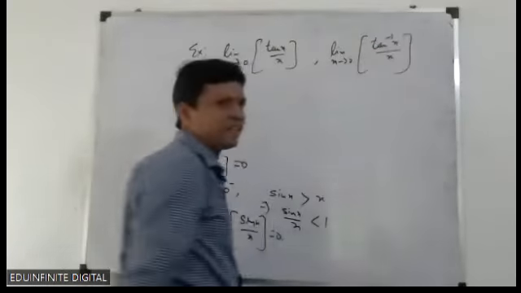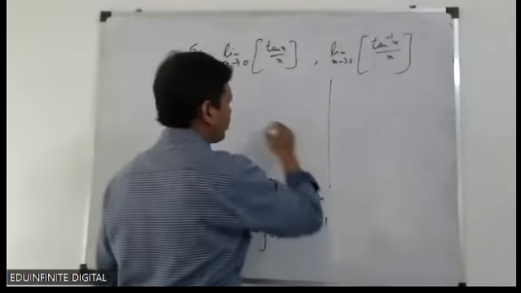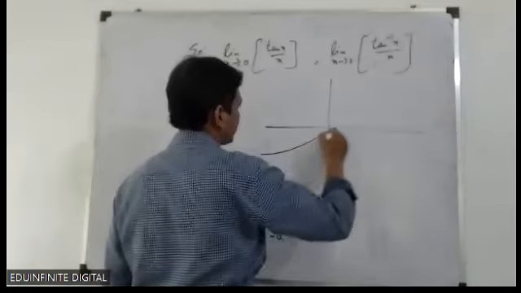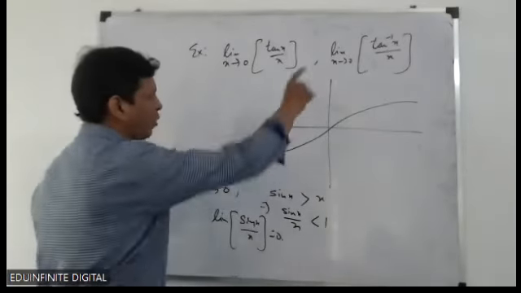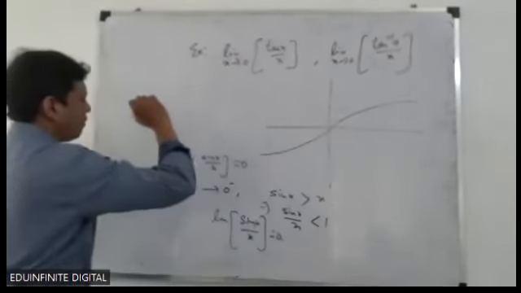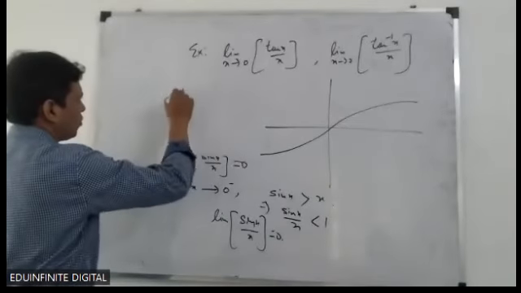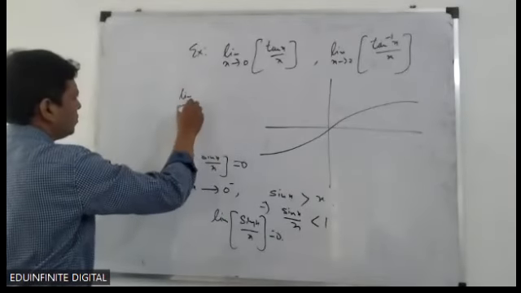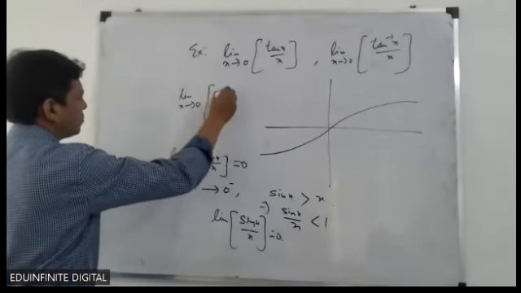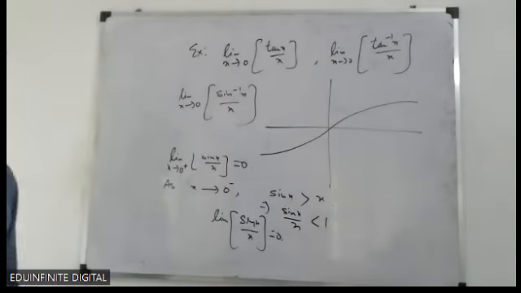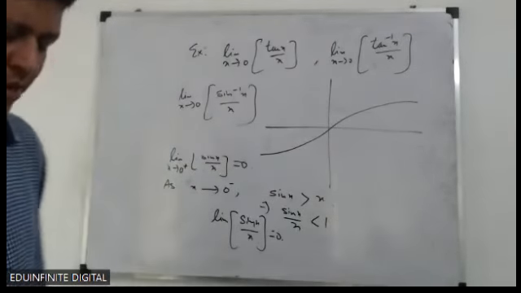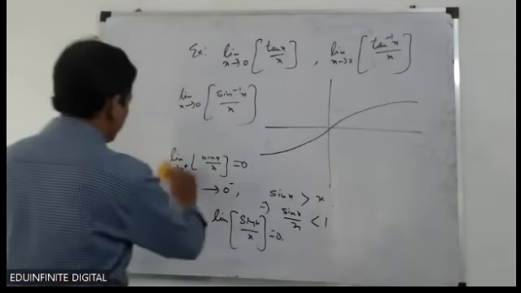Tan inverse x is an increasing function. Let me draw the tan inverse x graph. This is your tan inverse x graph. I will talk about it in the inverse chapter also. So these portions you can evaluate similarly. I will go to the next type of discussion.